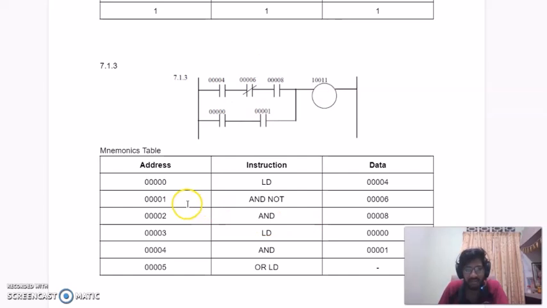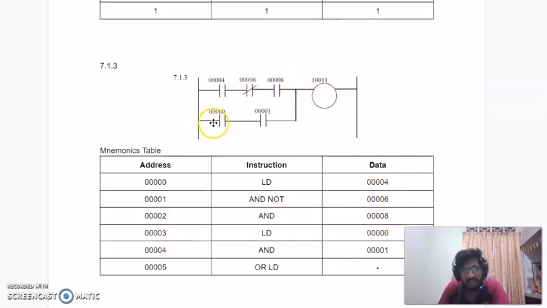Then at 0001 it's an AND NOT, and the data is 0006. Then we continue with an AND gate. You combine these two, and then with this it's an AND to this, so we call it an AND gate, and the data is 0008.